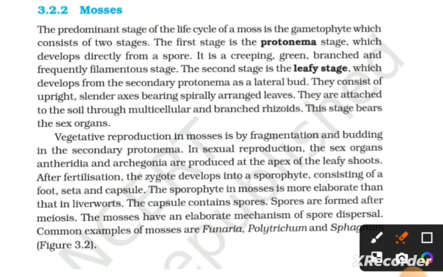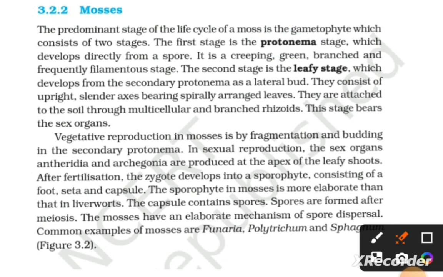So first of all, the predominant stage of the life cycle is the gametophyte, already covered, which consists of 2 stages, the protonema stage and the leafy stage. Now this protonema stage develops directly from a spore. Okay, so the sporophyte produces spores, and that spore first of all forms a protonema stage.